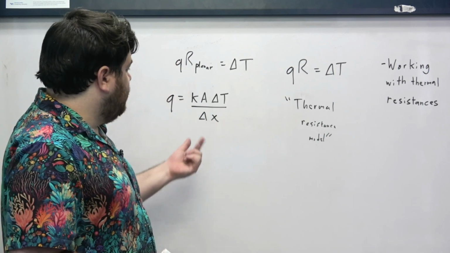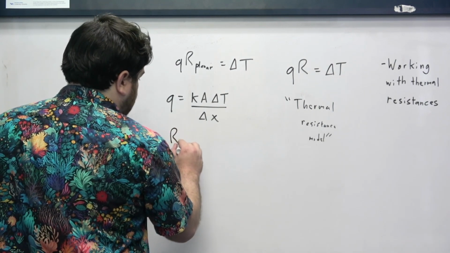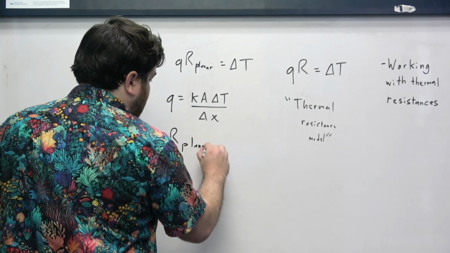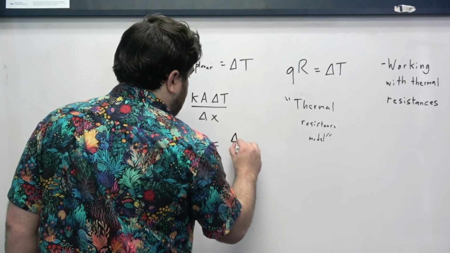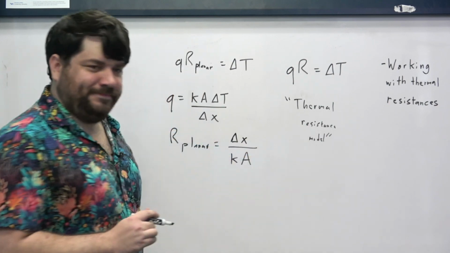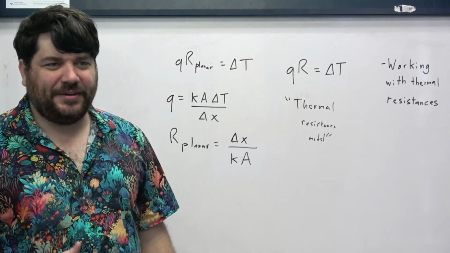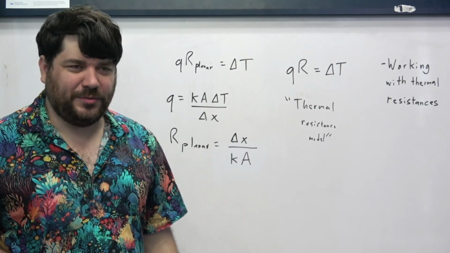Once again, it's the same sort of deal. We want to isolate the delta T, and if we do that, the planar resistance that we wind up getting is just going to be delta x divided by k times A. So in planar systems, how do you try to maximize the amount of heat transfer? You minimize the thermal resistance.